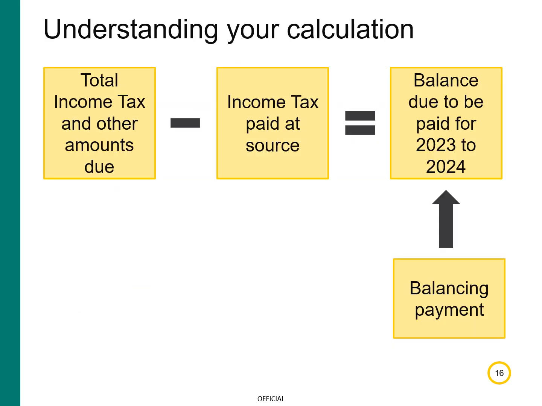Once the total of your income tax and any other amounts due have been worked out, the calculation will show any tax which has already been paid at source, for example, through a job or pension. This is taken off the total due on your income to give the balance due to be paid for 2023 to 2024. We call this a balancing payment.